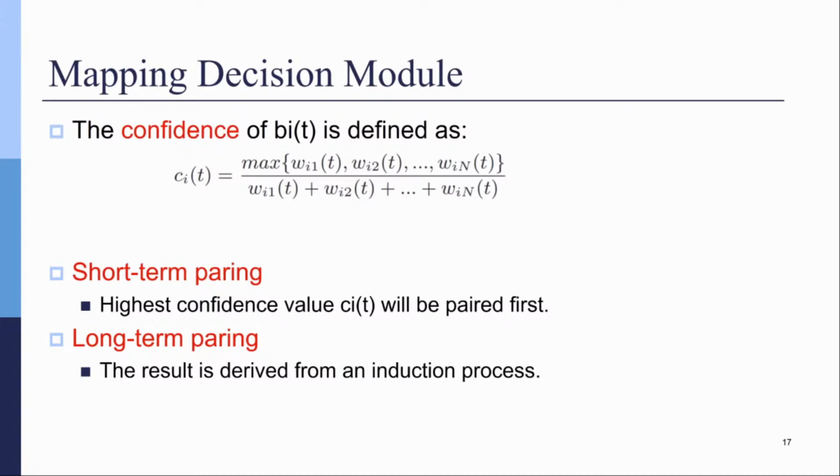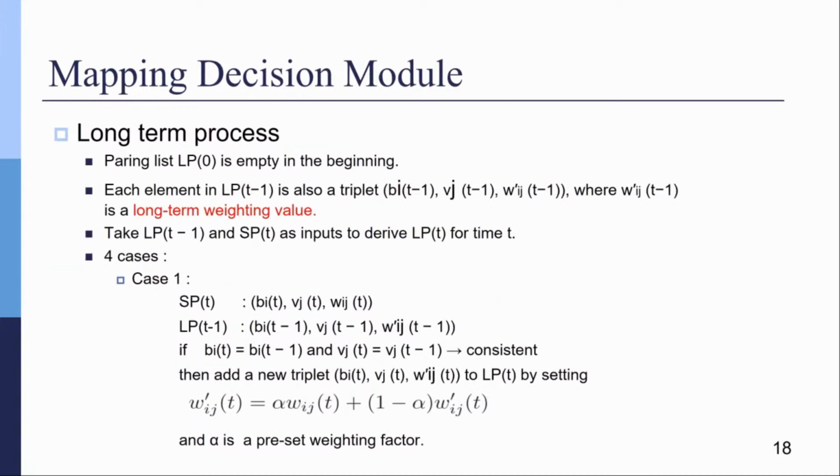Compared to short-term pairing, the long-term pairing will consider the historical pairing result. The long-term pairing result will be stored in a vector LP of T-1. Each element in LP of T-1 is a triplet: BI, BJ, W prime IJ, where W prime IJ is a long-term weighting value.